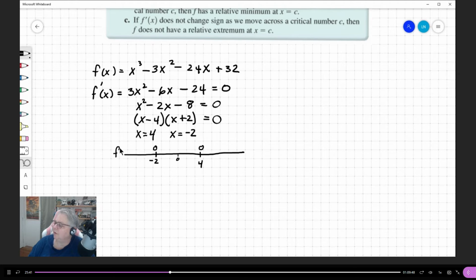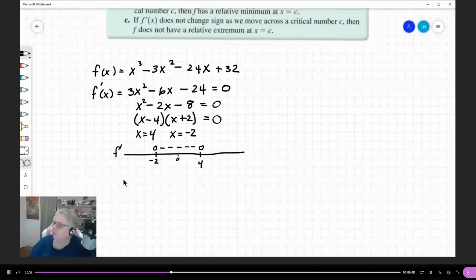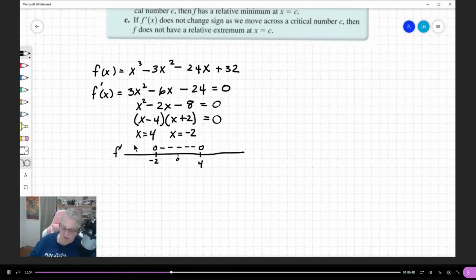This is f prime that we're looking at. If I put 0 in here, I get a negative 4. If I put 0 in here, I get a positive 2. That means I'm negative in that interval. And again, all this goes back to that technique we learned in pre-calc, so everything's working for the exact same reason it did there.